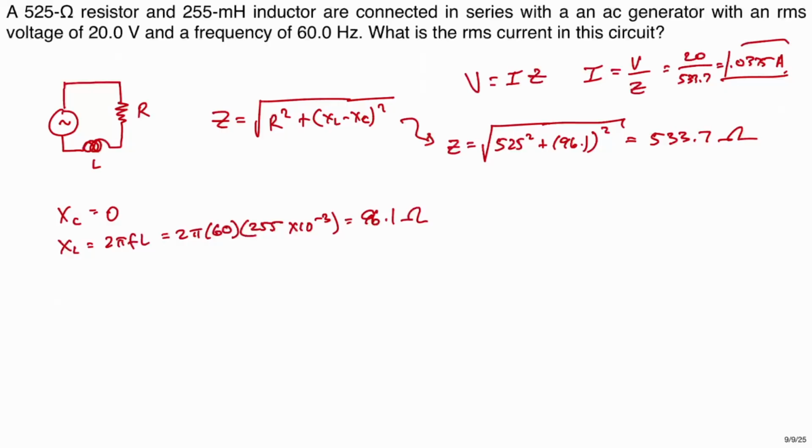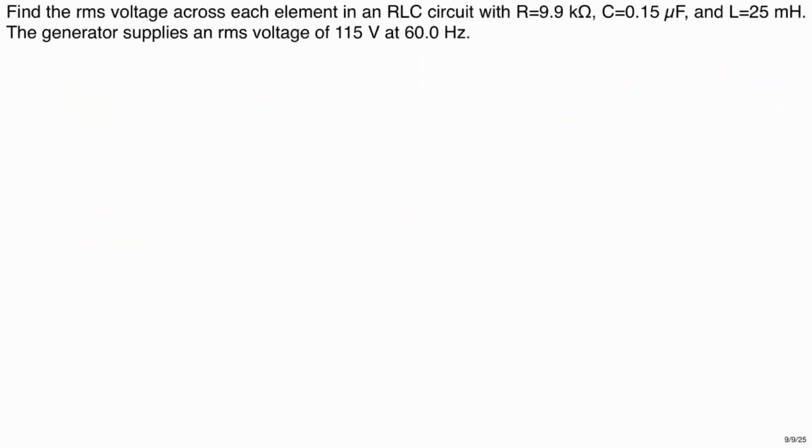So let's make this, I don't know if this is a little bit harder, but let's ask some other questions. Some other possibilities, right? So this question is a little bit of a twist. What are they asking us to find here?